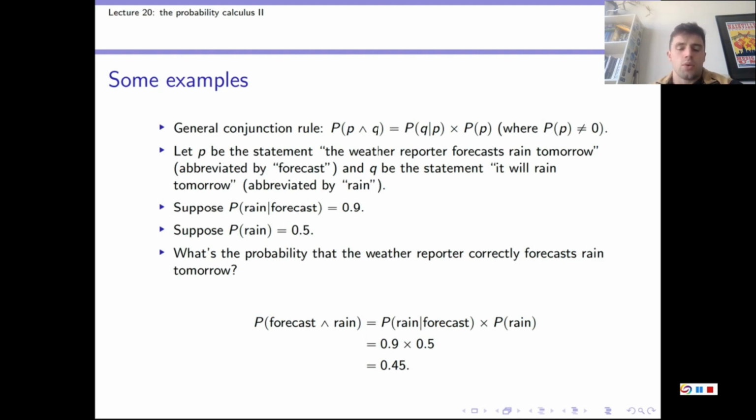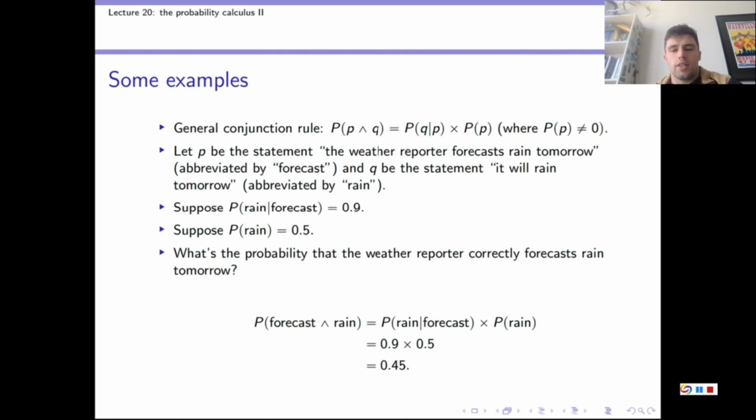Now, since we know all the relevant probabilities, a straightforward application of the general conjunction rule, where we suppose, of course, that the probability that the weather reporter forecasts rain tomorrow is non-zero, says that we multiply the probability that it'll rain tomorrow, given that the weather reporter forecasts rain tomorrow, and the probability that it will rain tomorrow. So we multiply 0.9 and 0.5, which any Google calculator tells you is 0.45.